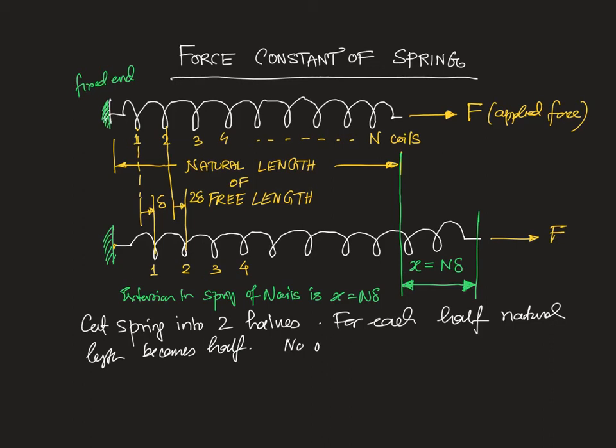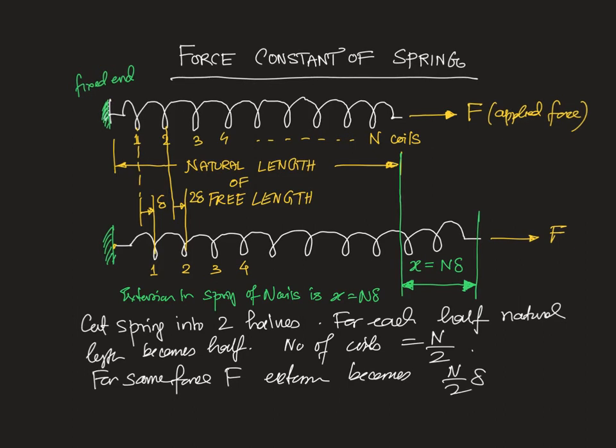So what is the number of coils? The number of coils also becomes half. So for the same force F, the extension becomes half, becomes n by 2 delta.